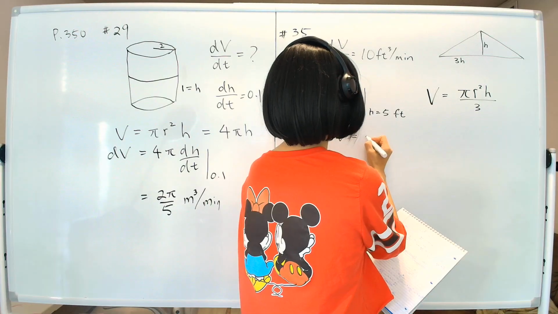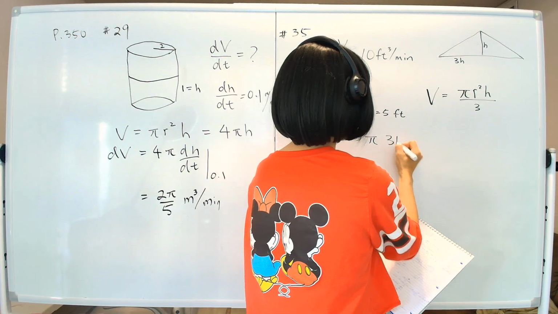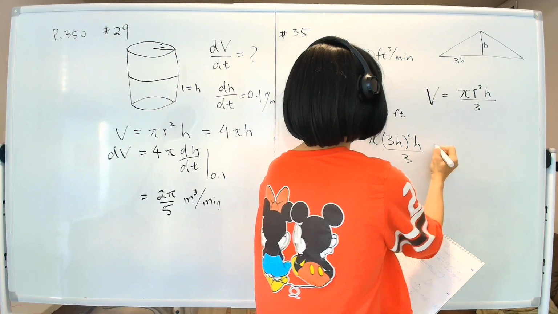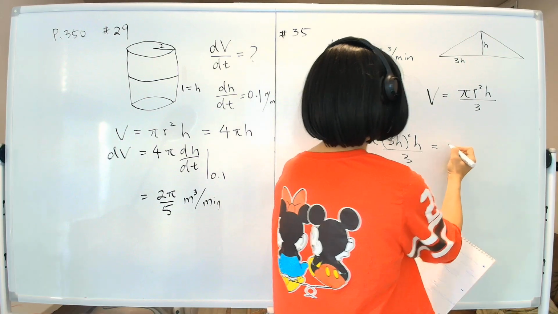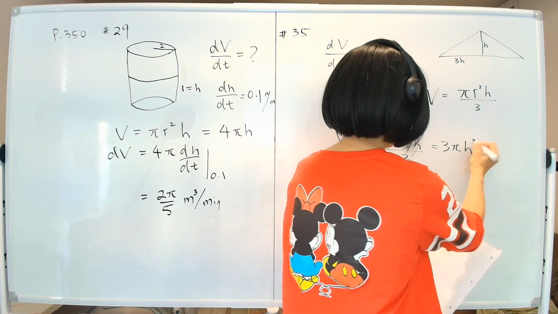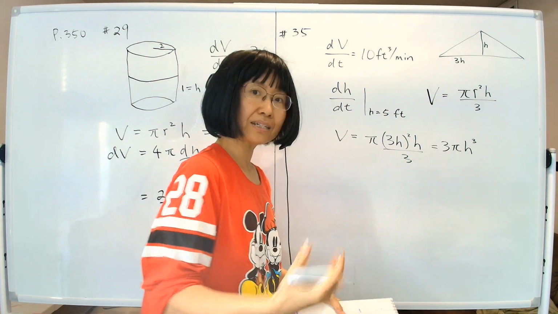So the whole thing equals 9h squared times h divided by 3, and that equals 3 pi h cubed. Correct? Yep. And then from this point on, you take the derivative.